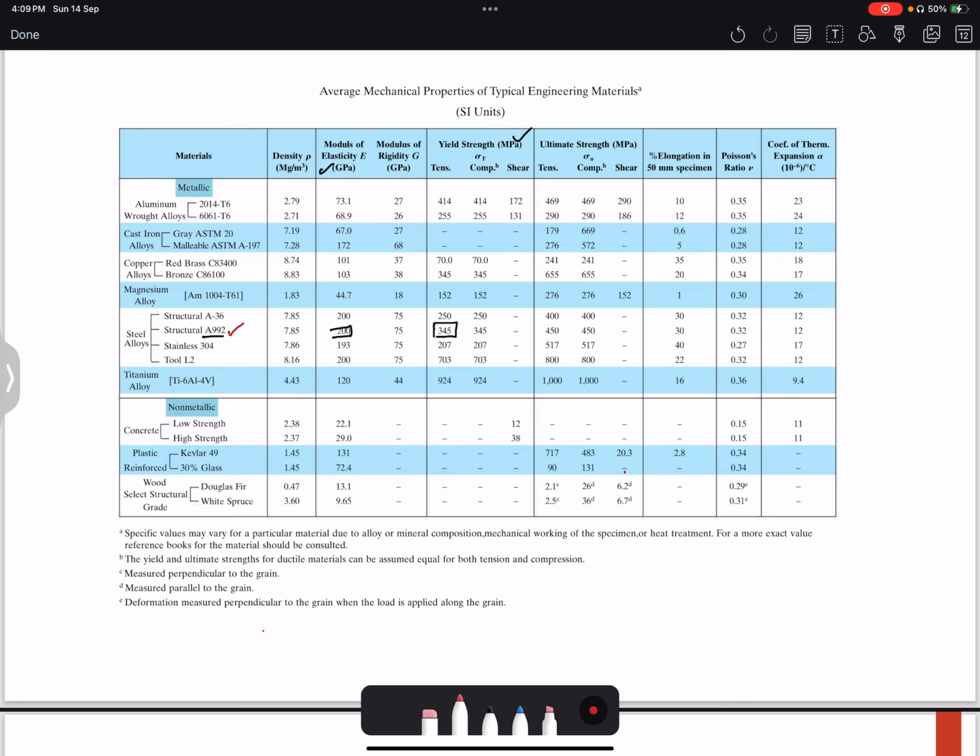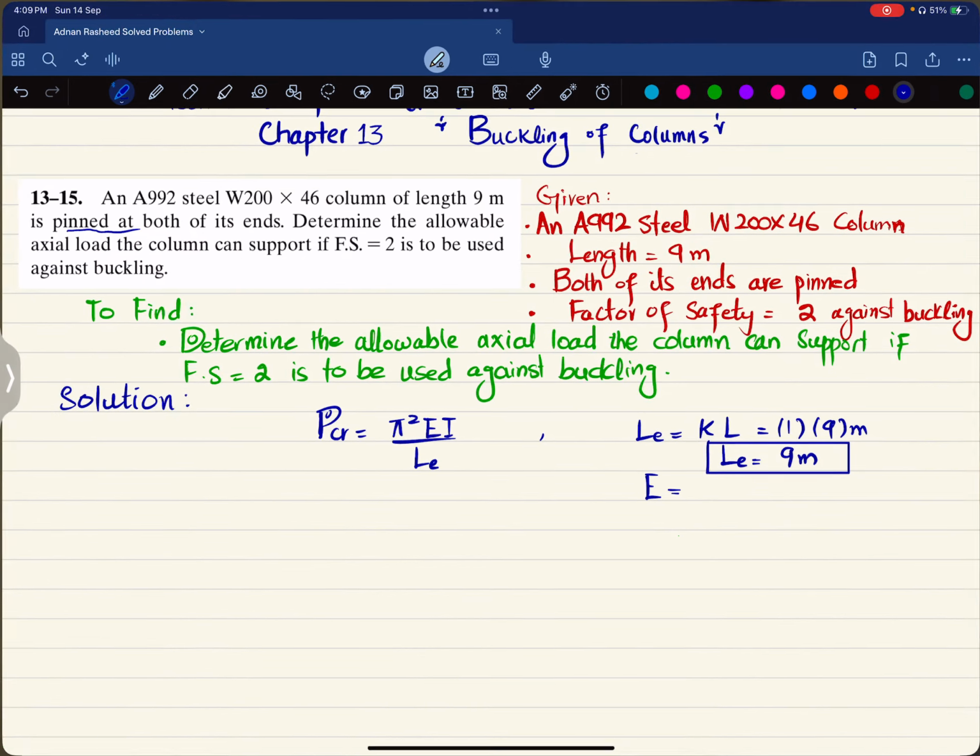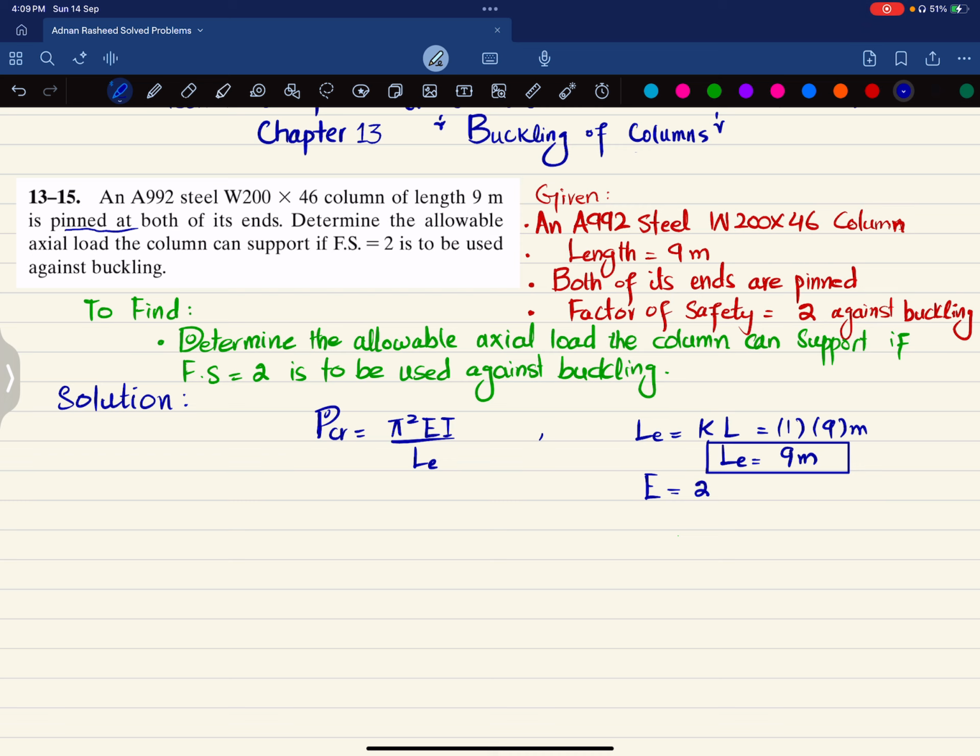A992 steel has a modulus of elasticity of 200 gigapascal and a yield strength of 345 megapascal. So I will write these two. E is 200 gigapascal, so 200 into 10 to the power 9 pascal, and yield stress is equal to 345 megapascal.